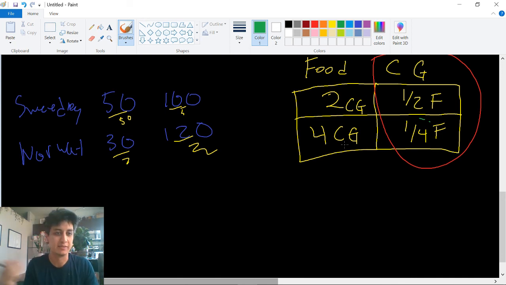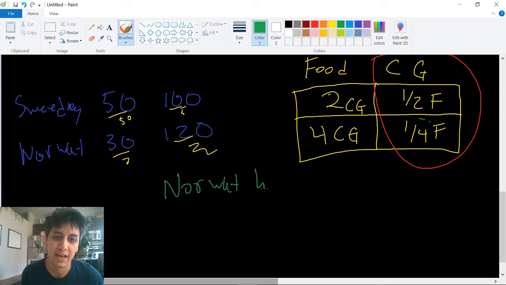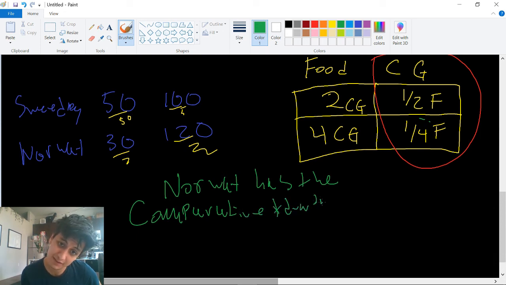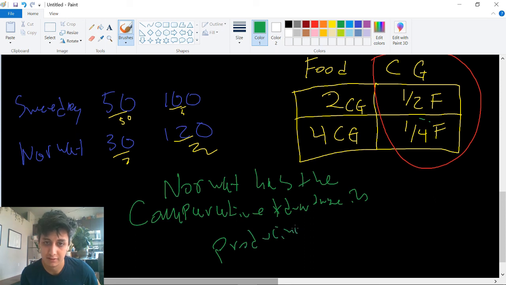And economics is all about conserving resources. So we want to conserve our resources, of course. So Norway has, let's write everything out, comparative advantage in producing capital goods.